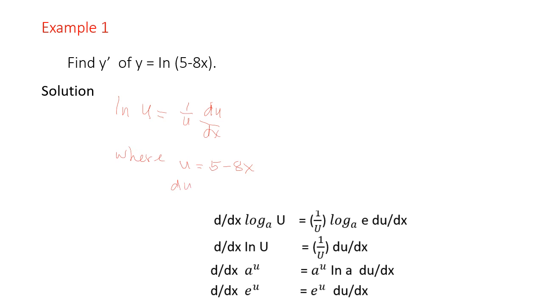So du over dx equals minus 8. So y prime equals 1 over 5 minus 8x times minus 8, equals minus 8 over 5 minus 8x.